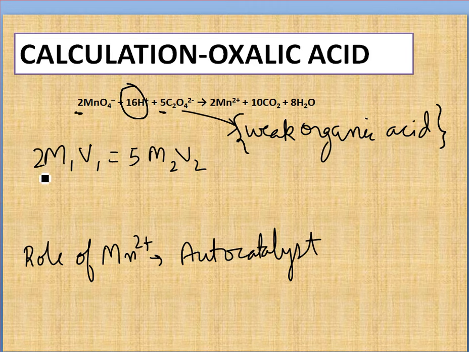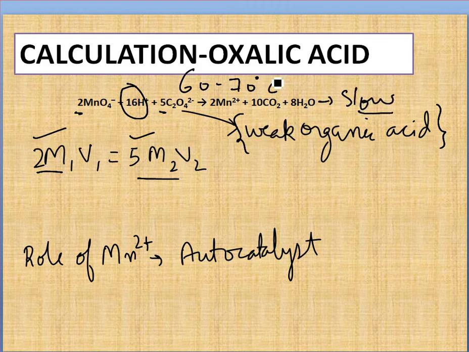The formula will be 2M1V1 is equal to 5M2V2. 2 moles here and 5 moles here. You can write 60 to 70 degrees C. You have to first heat it because the reaction is slow, so to speed up the reaction you have to heat at 60 to 70 degrees C.